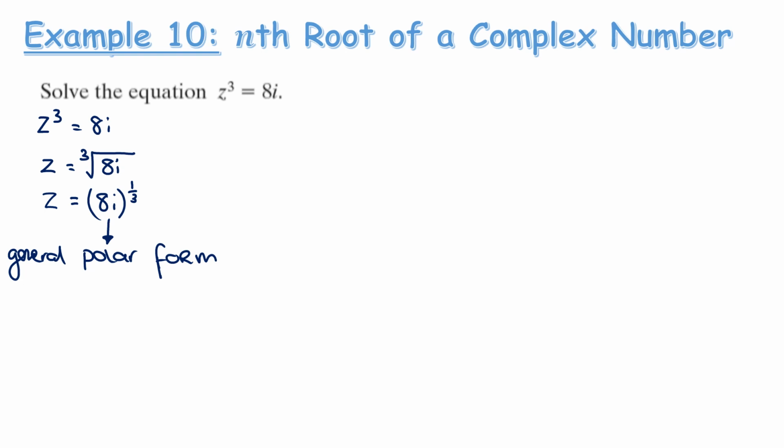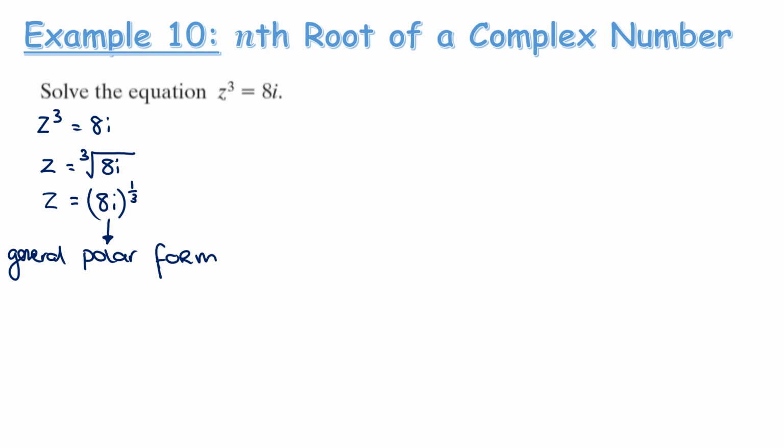If we have z cubed, we will have 3 answers. If that was z to the power of 5, there will be 5 answers, and so on. So first step, we get general polar form, and then we apply de Moivre's theorem.